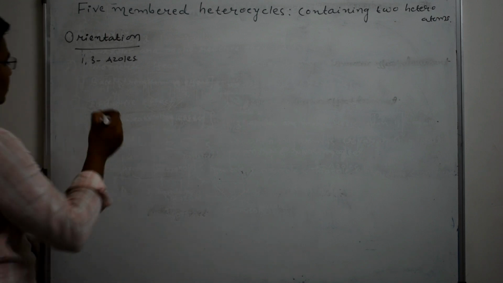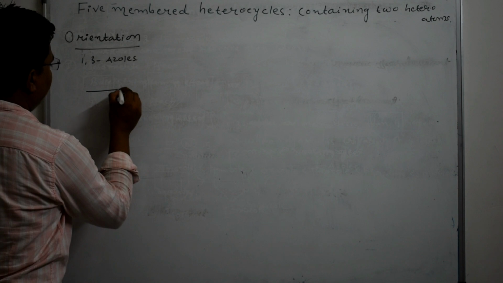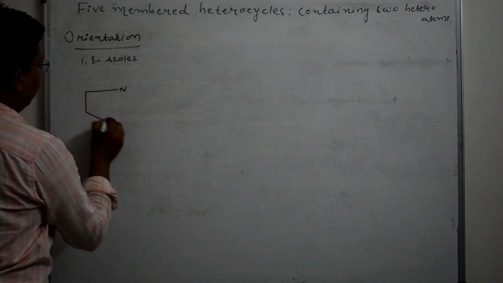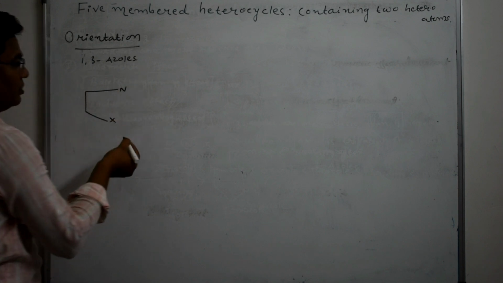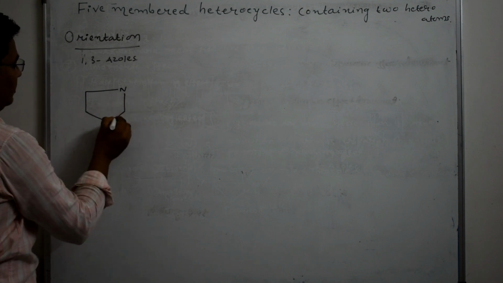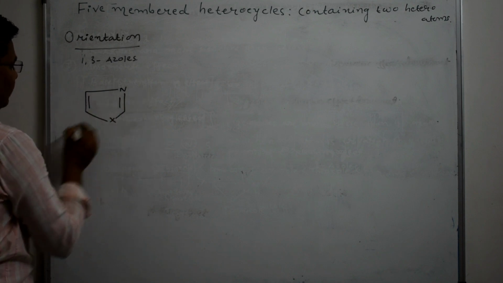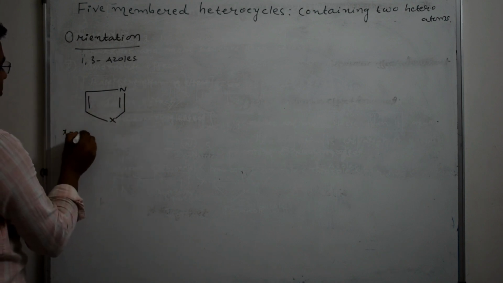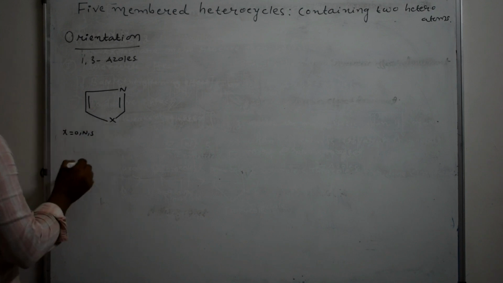Let us have a structure of 1,3 azole. Here it is nitrogen. Here X can be oxygen, nitrogen or sulfur.